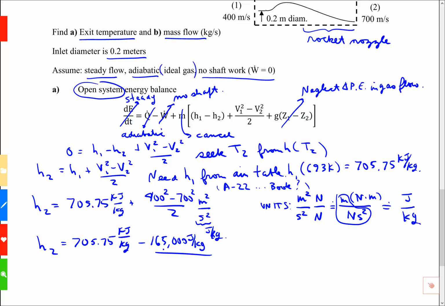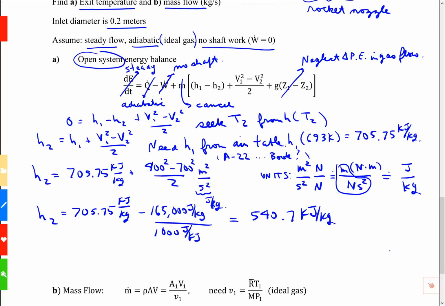I'm going to divide by 1,000 joules per kilojoule, and now it works out. I can find that H2 is going to be 540.7 kilojoules per kilogram. Now I'm going to go back to the table. I'm going to say at H2 equals 540.7 kilojoules per kilogram.